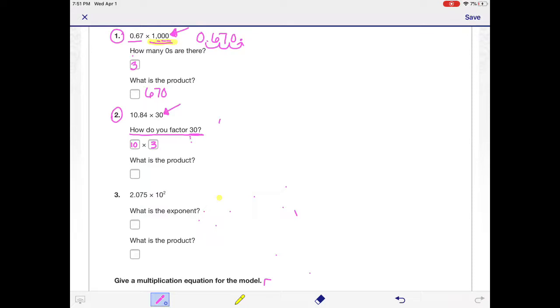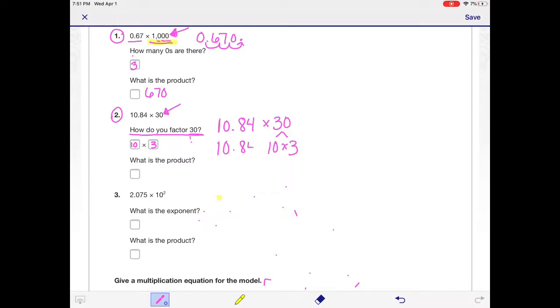All right, so that means then, if you go over here, we have 10 and 84 hundredths times 30. Remember, we decided let's break this down into 10 times 3.